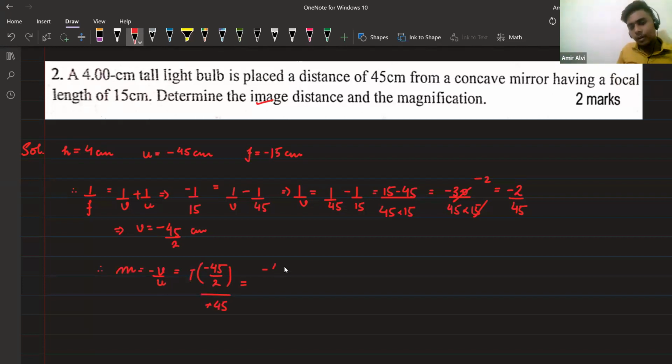Minus 45 by 2, 45 into 2, this is getting cancelled, getting negative half or 0.5. This is your answer. Clear, everyone? Yes, sir.